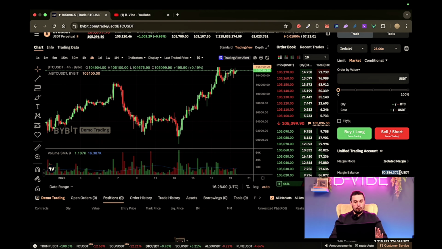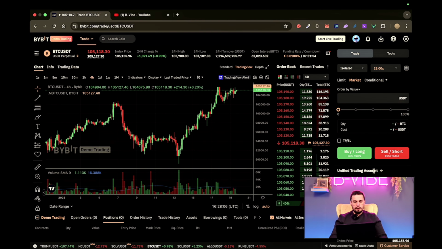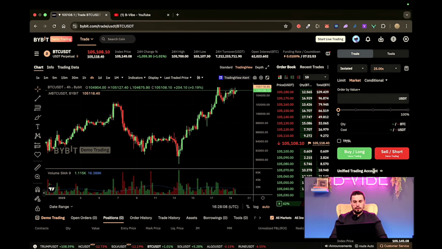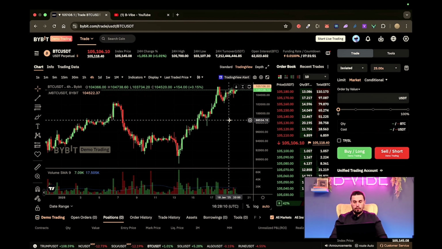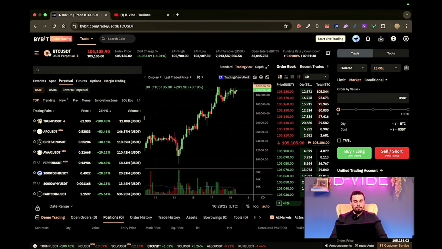So you can use it to see how this exchange works, to try setting up some orders and play around without any risk that you will lose any of your own actual money. So let's see what we have here. At the top, we have the pair that we want to trade.